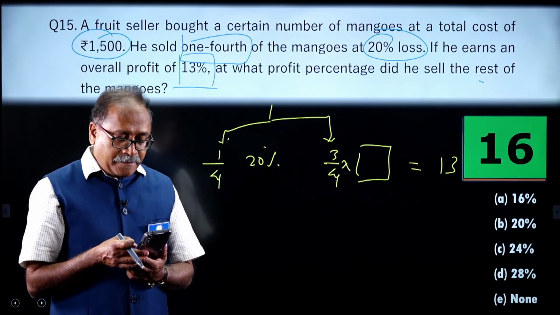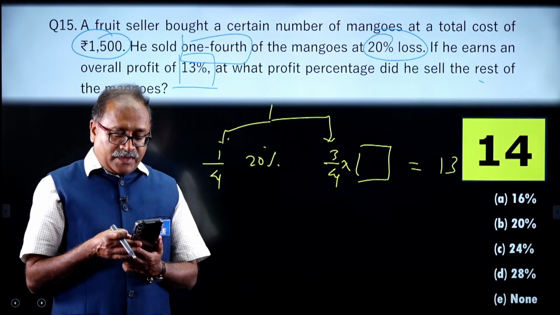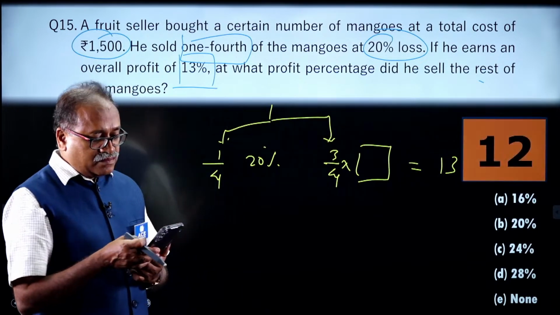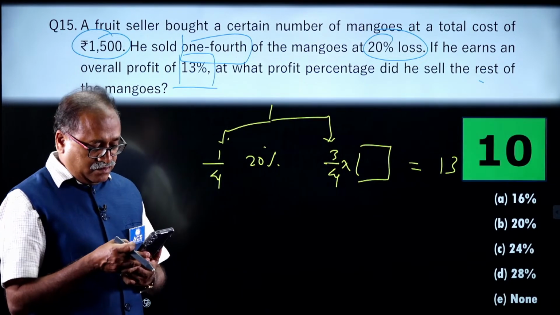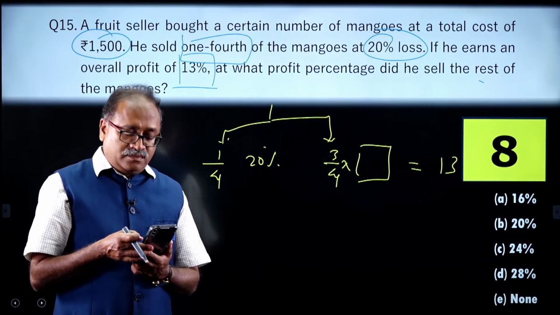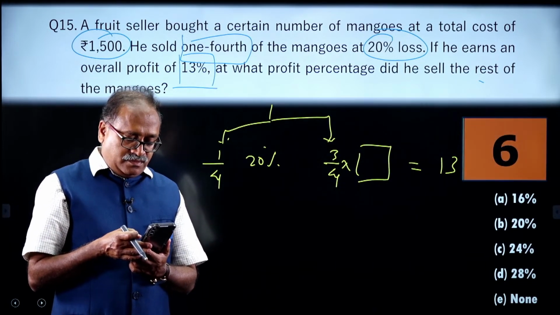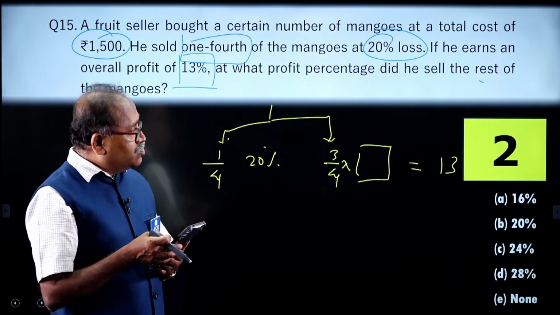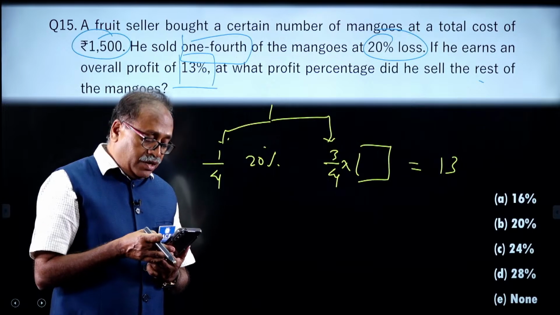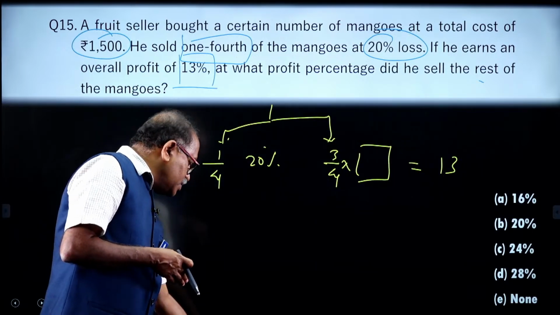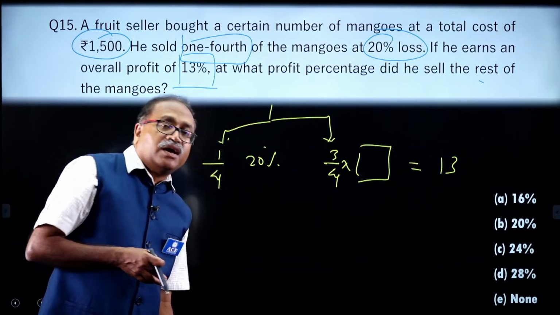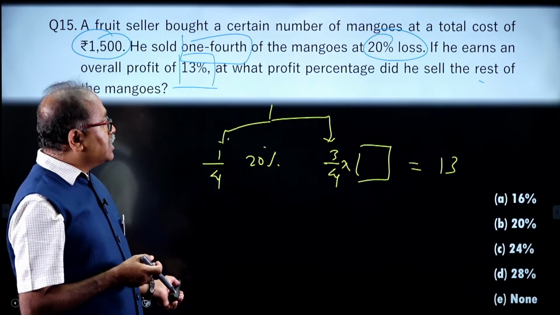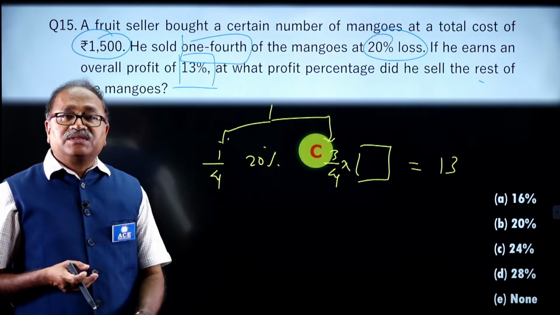Come on, come on. Okay, 3 seconds more, 2 more, 1 more, and time up. You don't need this much time to answer the question. As I said, 5 to 6 seconds is enough. Your option choice is C.